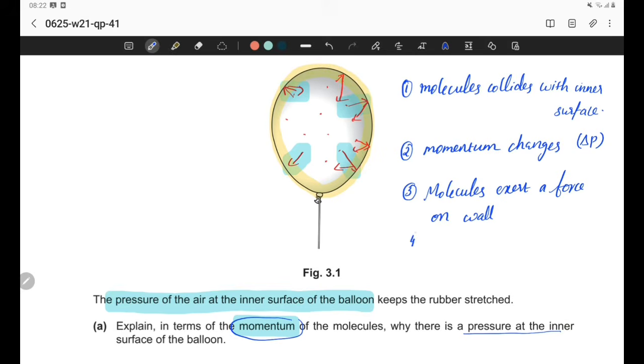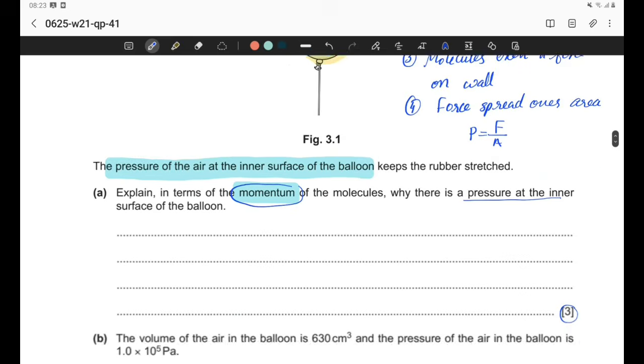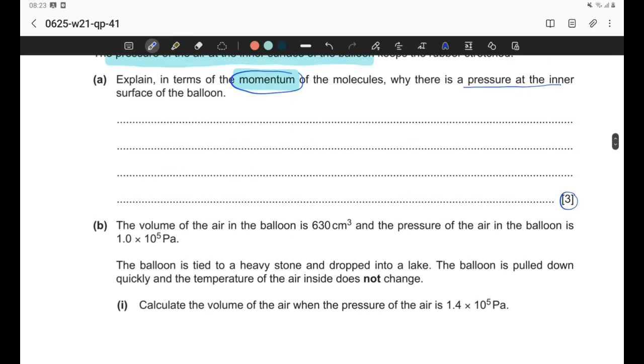So that is the fourth point we should mention: the force is spreading over a surface. So we know that a force over area will cause a pressure. So these are the important points we must include, in this frequently asked question. So we can write all these points.